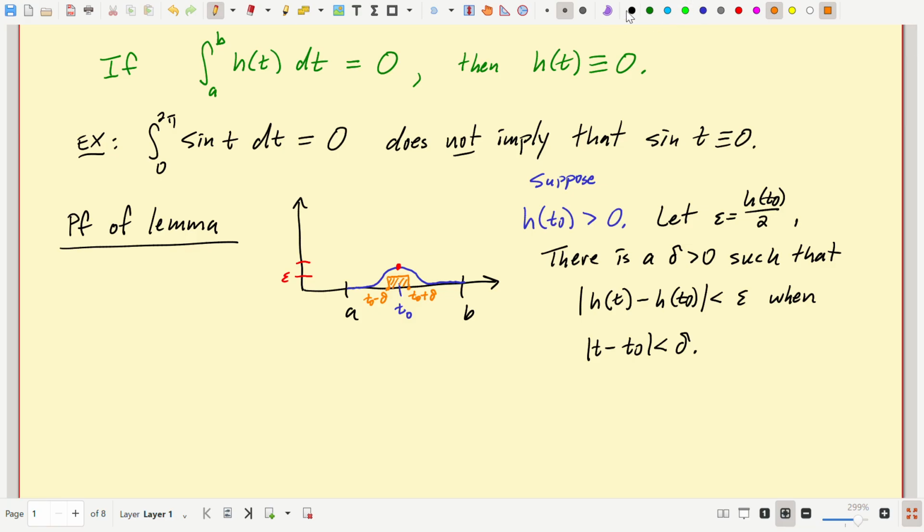What we see here is that the box of area epsilon times 2 delta is under the curve.